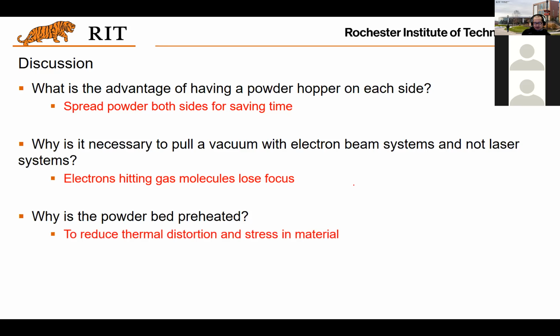And the preheat. Again, preheat will reduce the thermal stresses, and that will reduce the thermal distortion of the parts.